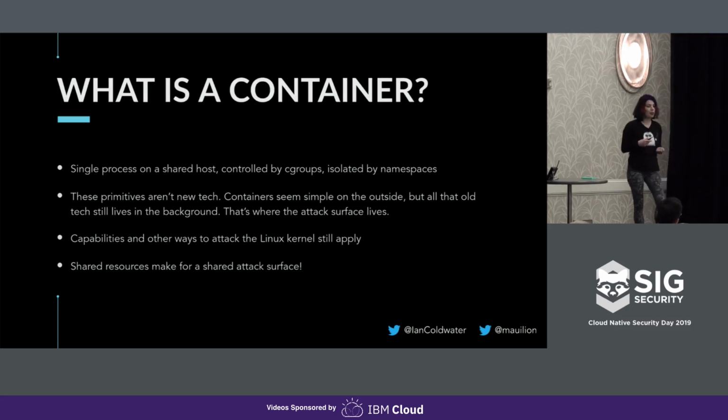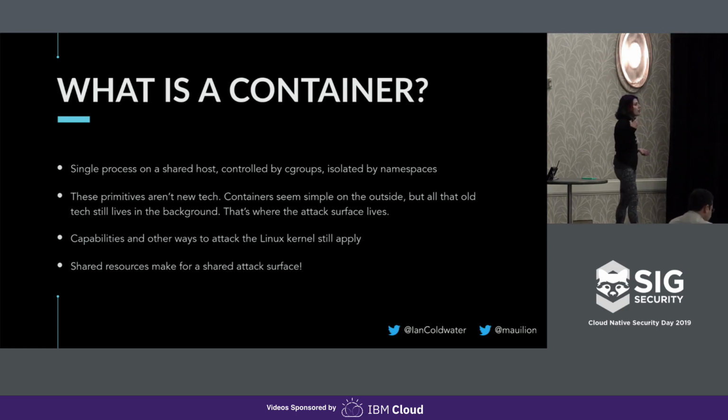Yeah, containers are made of Linux primitives. It's just Linux attacks, and that's important to know. Containers, I assume many of you are somewhat familiar with, but we want to cover a little bit, because containers aren't new tech. They're really just made of Linux primitives. They're cgroups, they're namespaces, and they're process isolation.